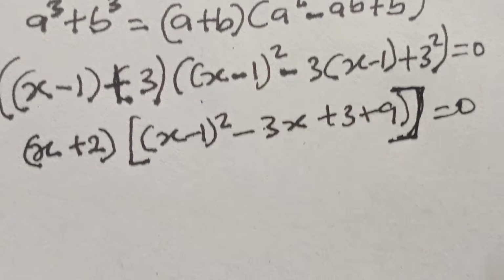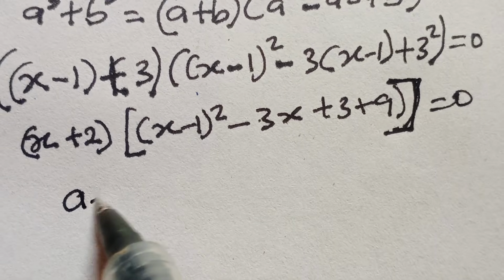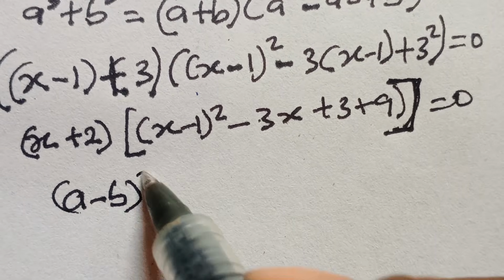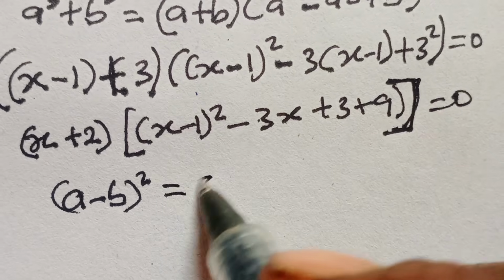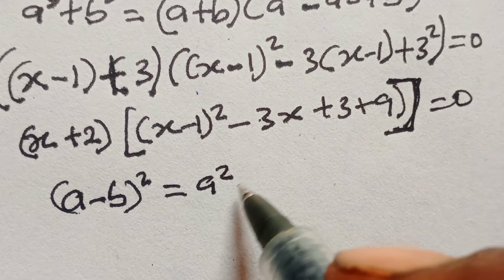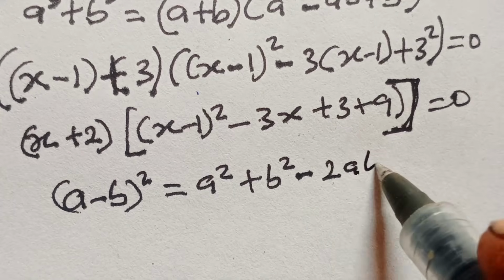From here, don't forget, if you have (a minus b) squared, when you expand this, you'll be having a squared plus b squared minus 2ab.